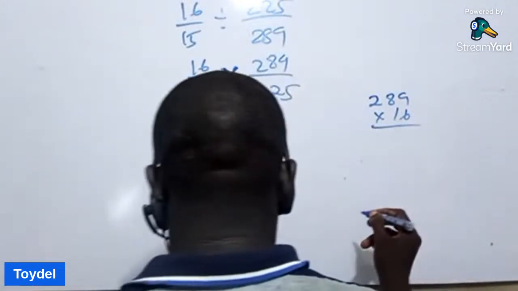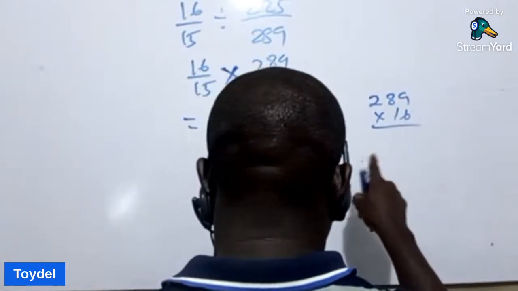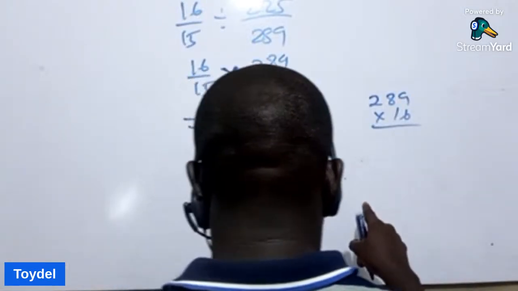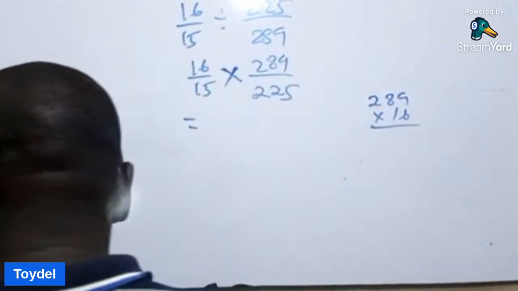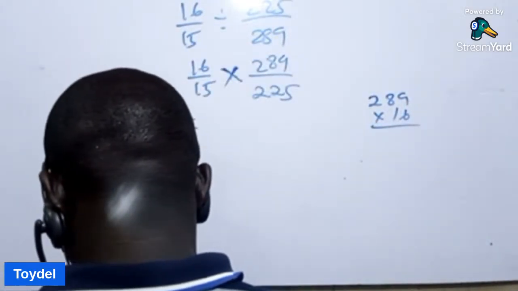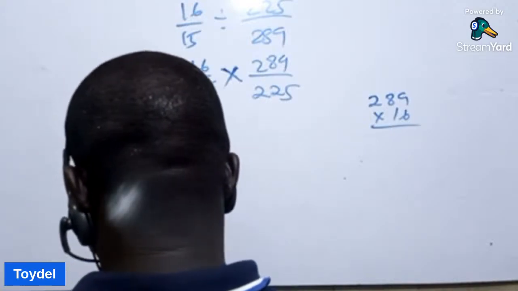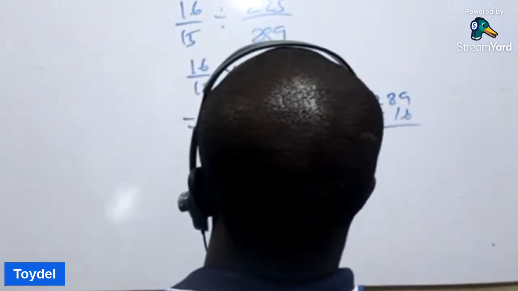I'm going to multiply this. The denominator is 225 multiplied by 15.